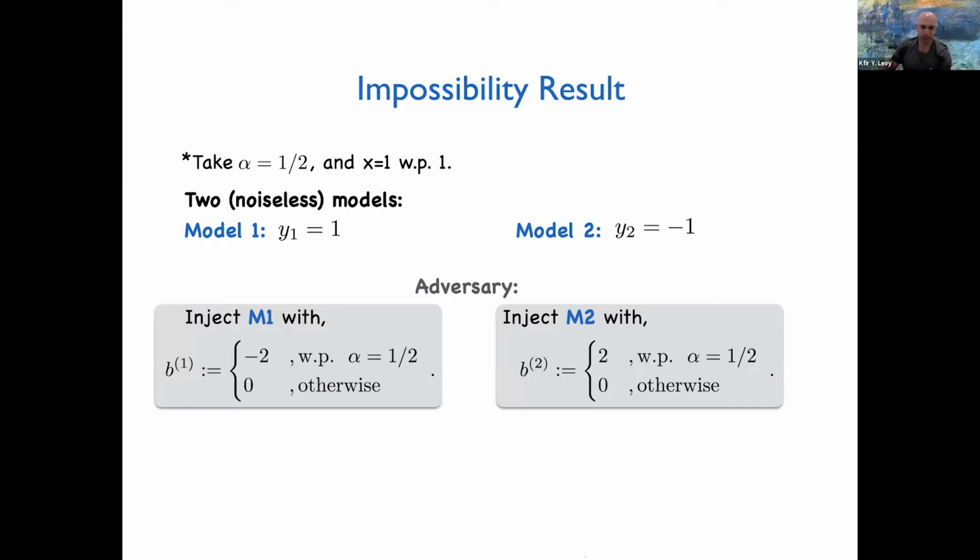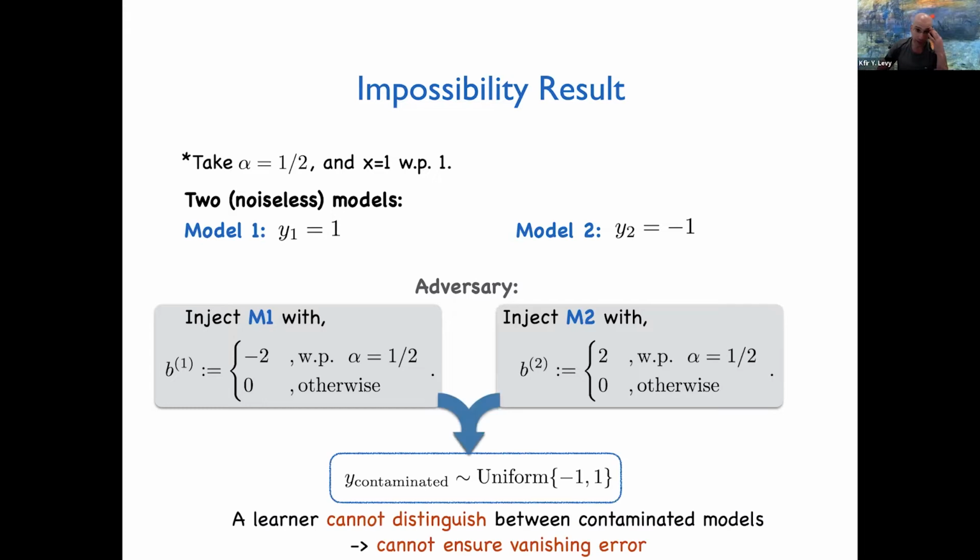Otherwise, he does nothing. So after the perturbation, the labels in model 1 are +-1 with equal probability. And similarly, to model number 2, the adversary injects a perturbation of +2 with probability half, and otherwise he doesn't do anything. So actually, after the perturbation, the samples from these models look exactly the same.